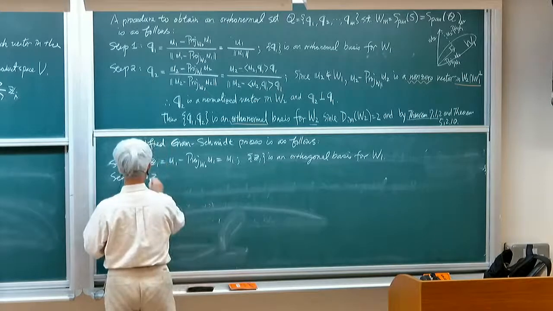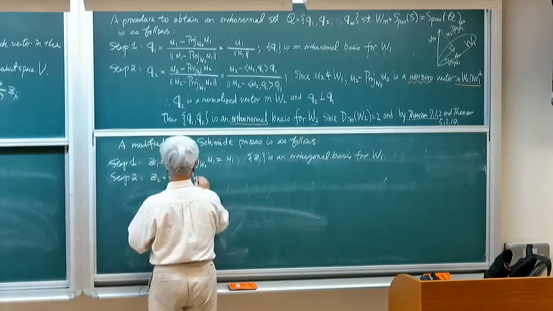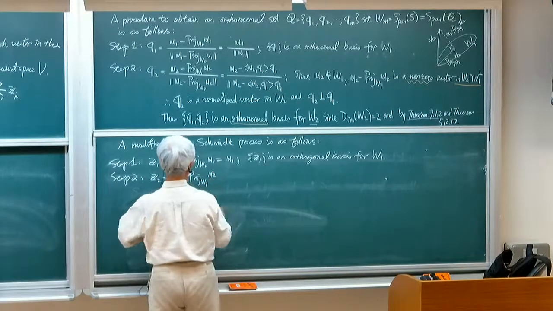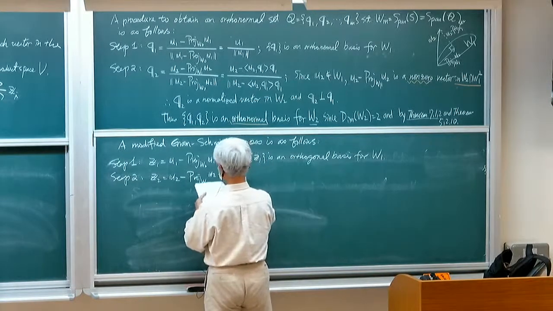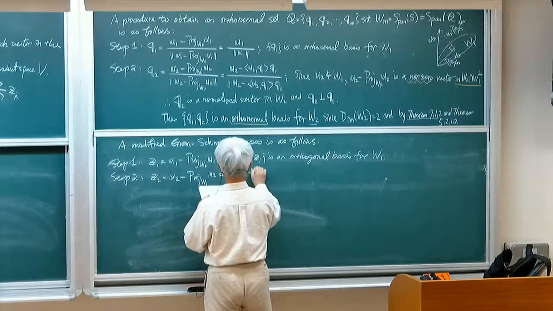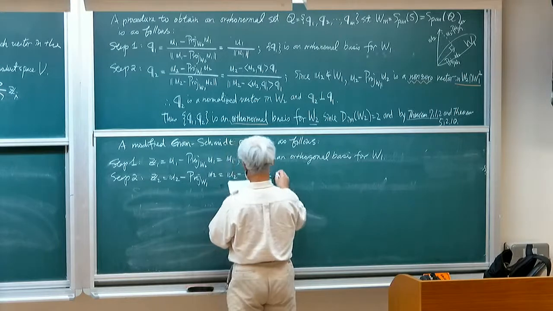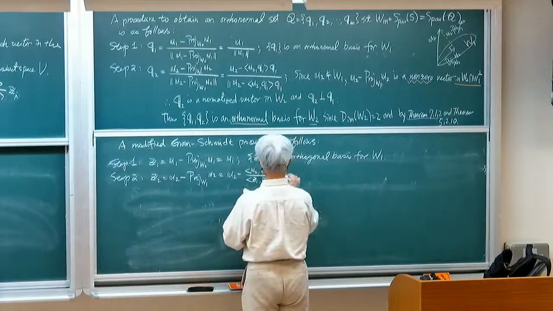In step 2, Z2 is U2 minus the projection of U2 onto W1. Okay, and this is U2 minus (U2 · Z1)/(Z1 · Z1) times Z1.